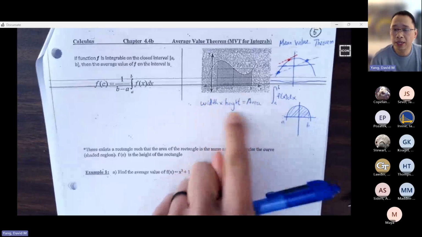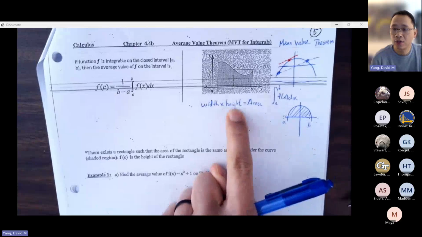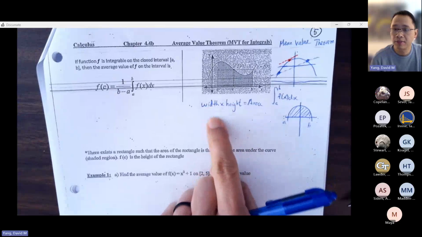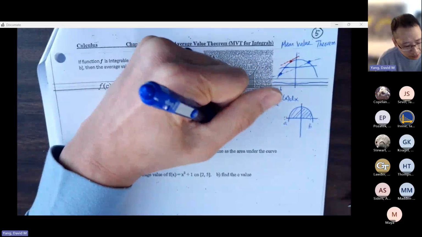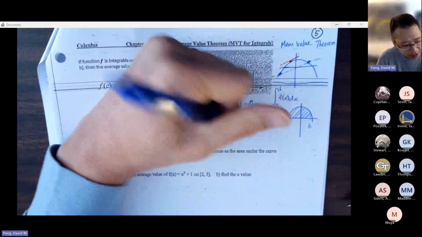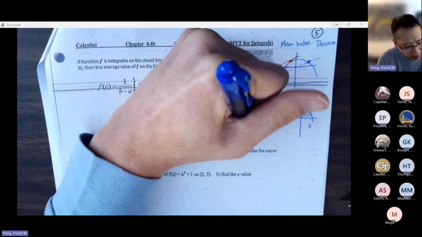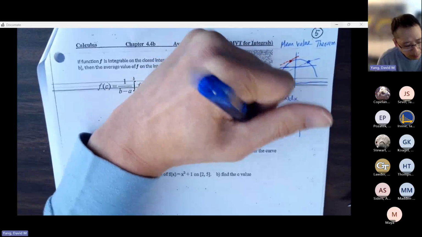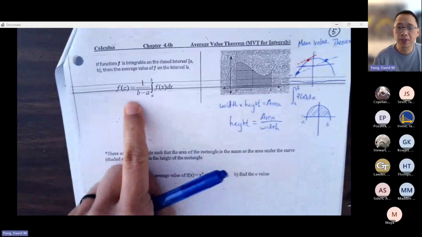So imagine if I wanted to solve for height instead. If I want to solve for height, I can simply divide both sides by the width, right? So we know that this equation is true. Height is simply area divided by the width. So that's basically what this equation is doing.